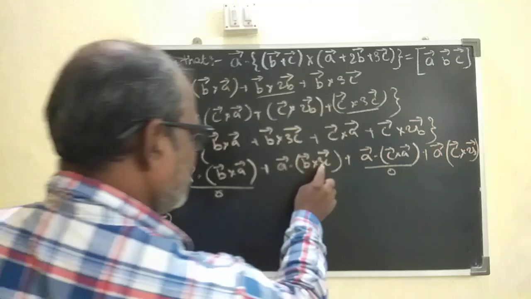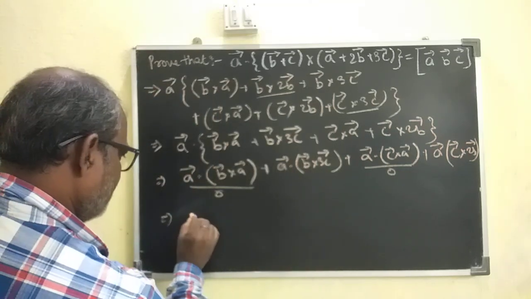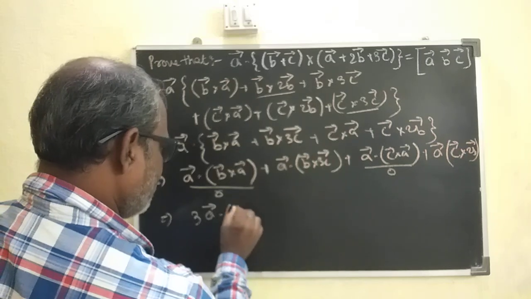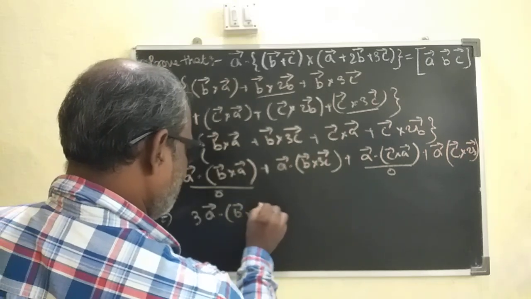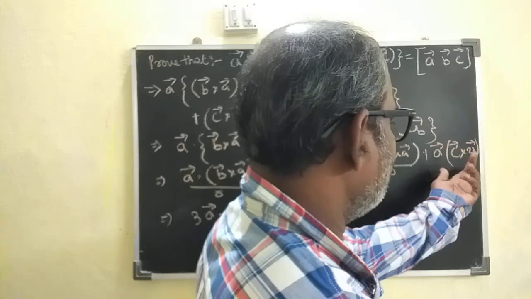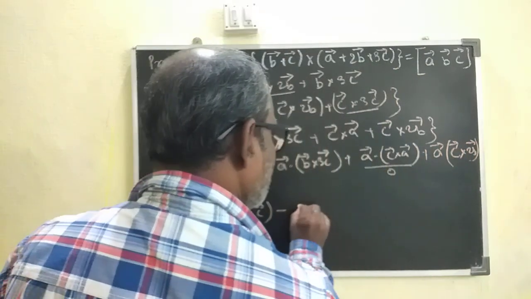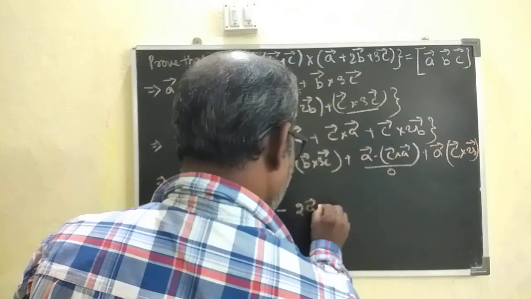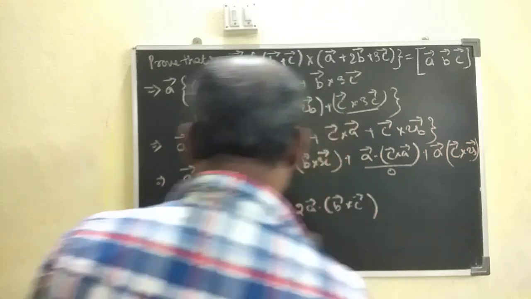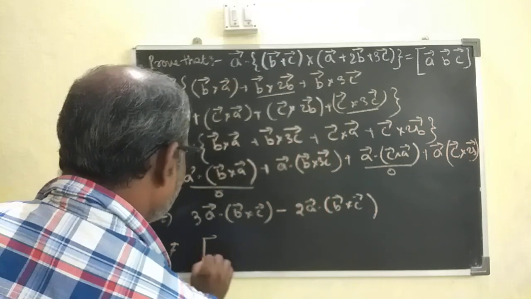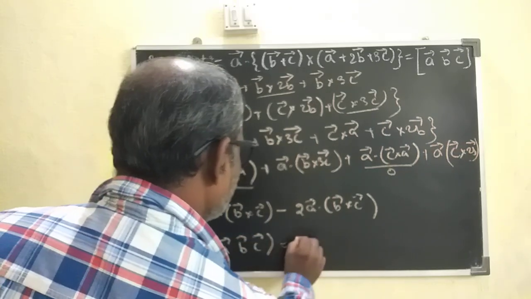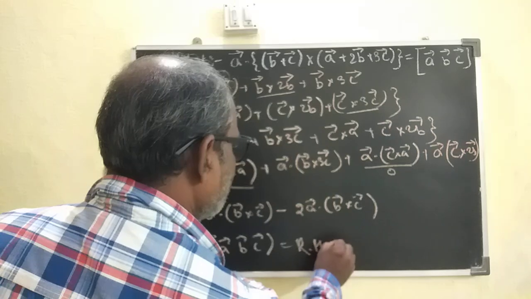So from here we get 3ABC, and here it is AC2B. We can change the sign, so we can get here minus 2AB cross C, which is equal to A vector, B vector, C vector equals RHS.